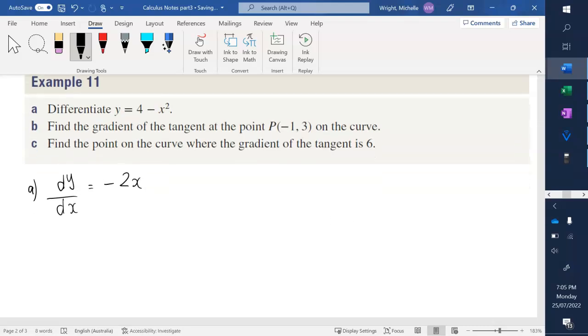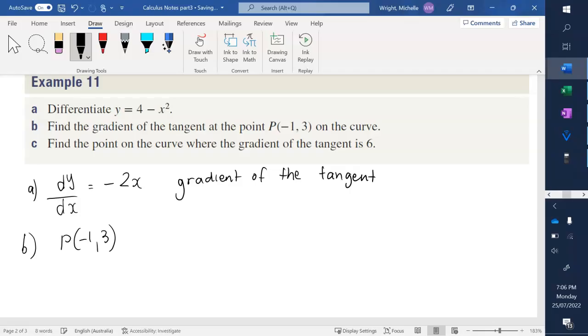That's our first answer. Part B. Find the gradient of the tangent at the point P is equal to minus 1, 3. So the gradient of the tangent is what this is. When we're differentiating, we have found the gradient of the tangent at some point.